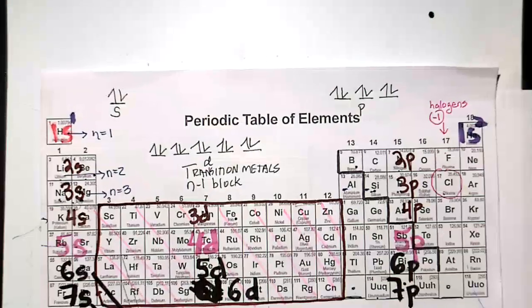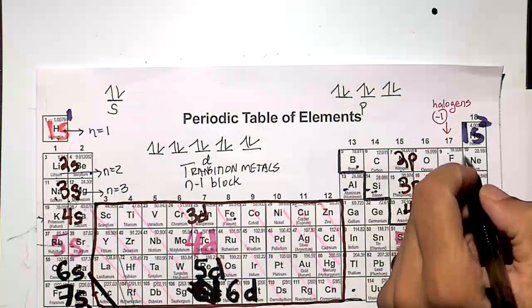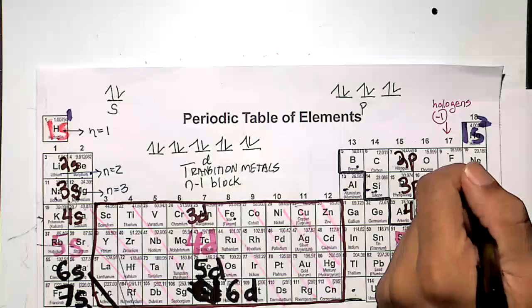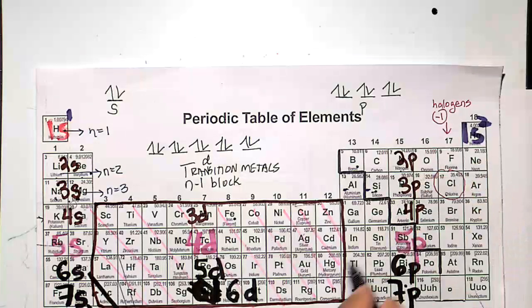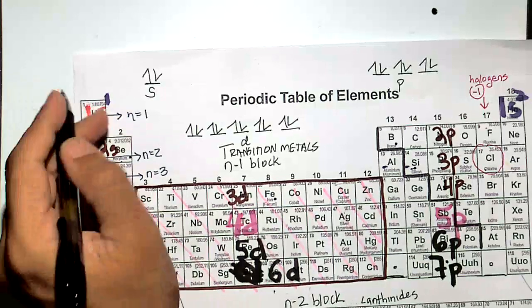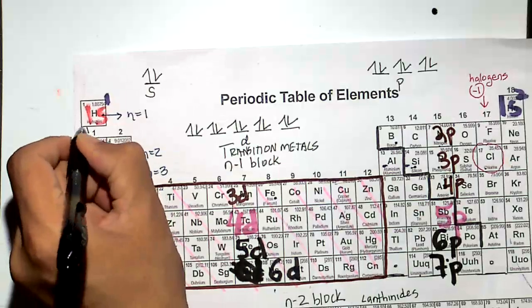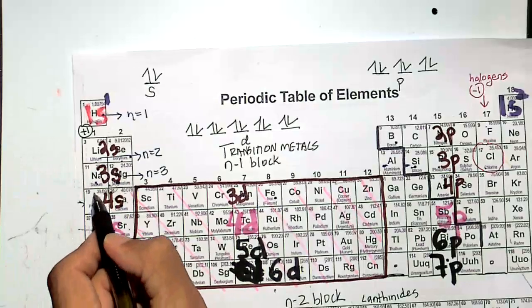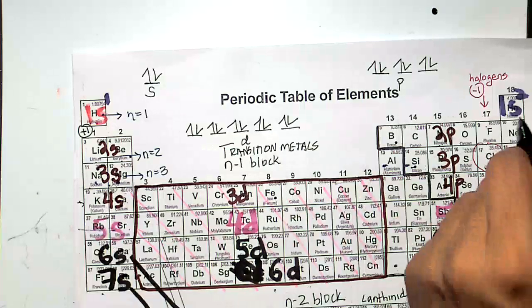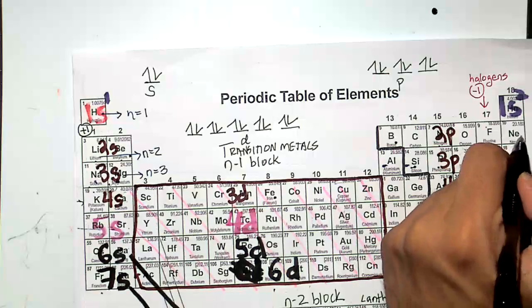If F gains an electron and becomes F minus, what is its electron configuration? Neon. If sodium becomes +1, because these like to be +1, what would it be isoelectronic with?